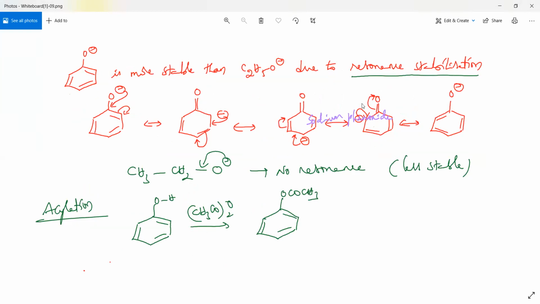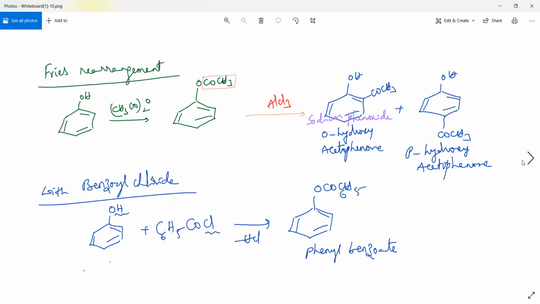And phenol acetylation. Acetylation is with an acetylating agent, then you get OCOCH3. Next, this is very important: Fries rearrangement.